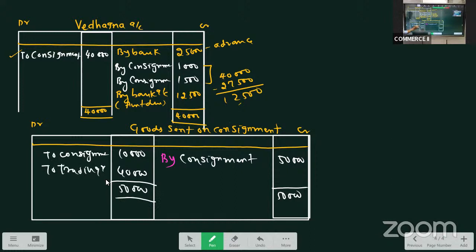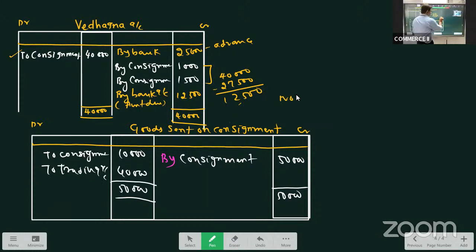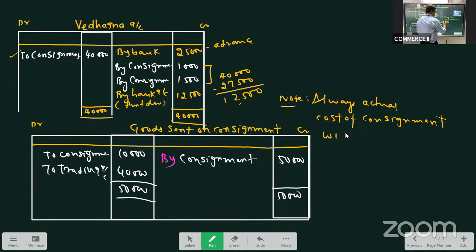So remember, note: always the actual cost of consignment will be transferred to trading account.